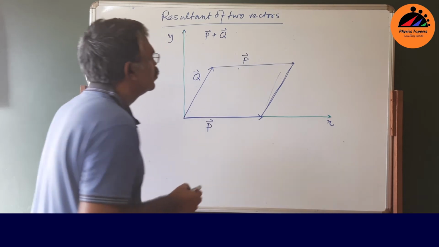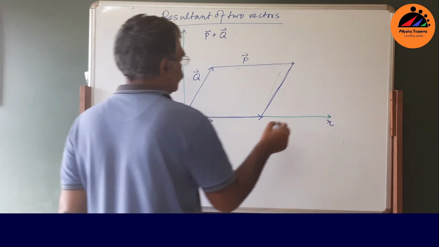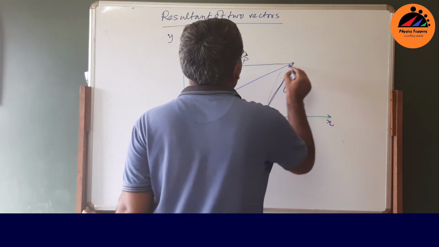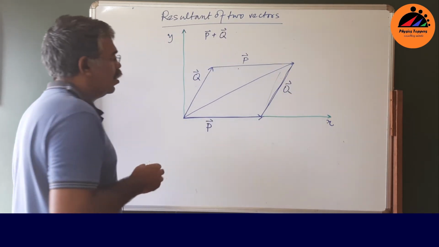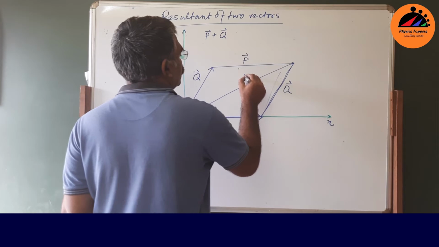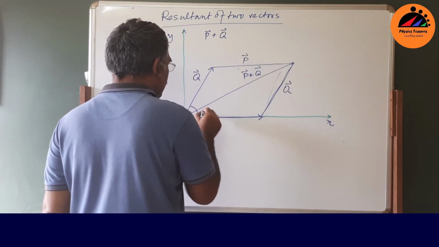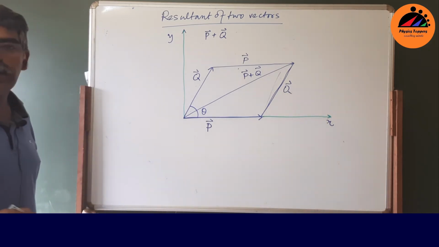So this is q, and this is p plus q. And suppose this is the angle between them, theta.